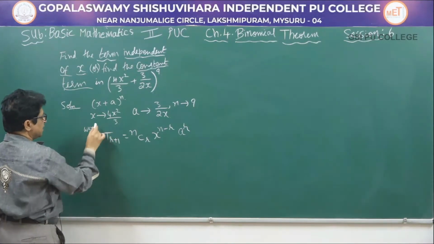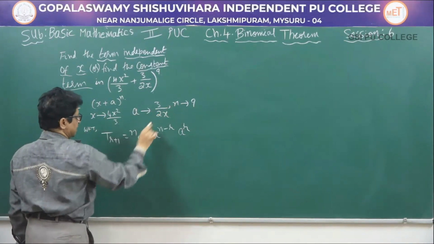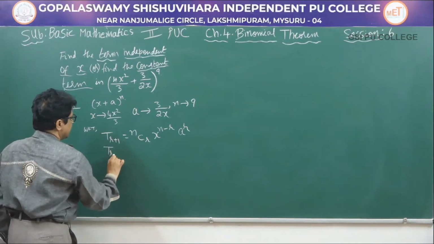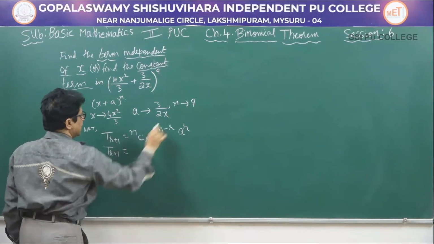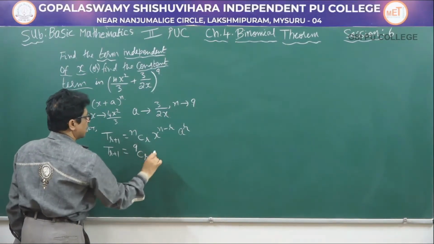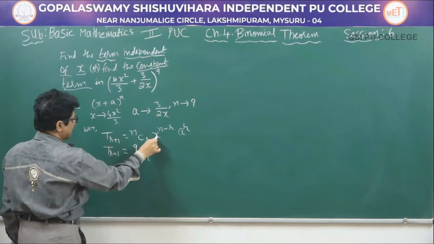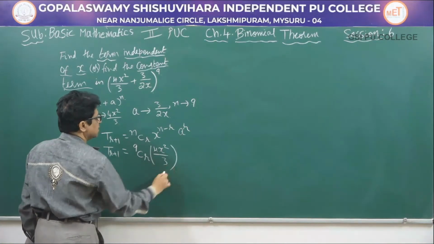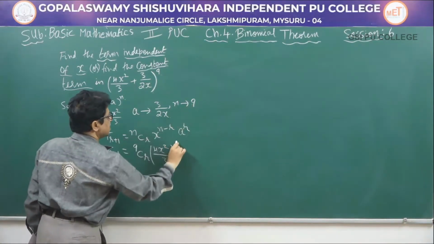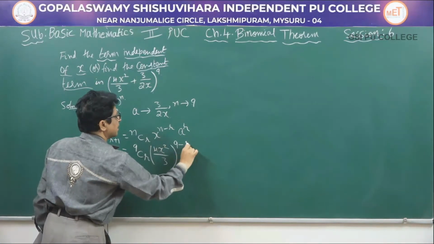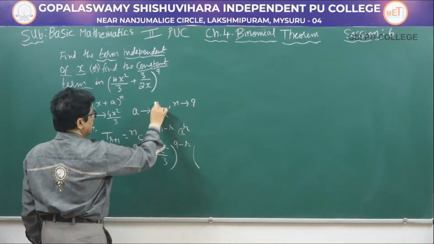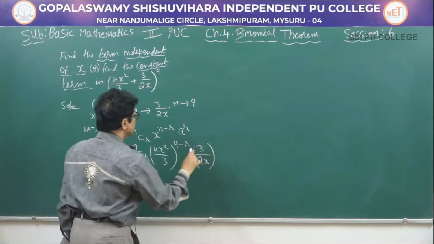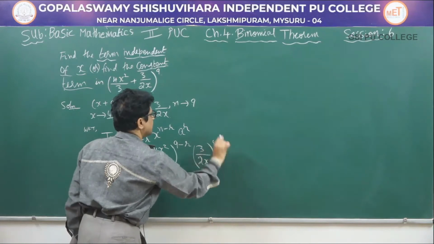So substituting for x, a and n in the general term of the expansion, T(r+1) is equal to 9Cr into (4x²/3) whole power 9 minus r into (3/2x) whole power r.